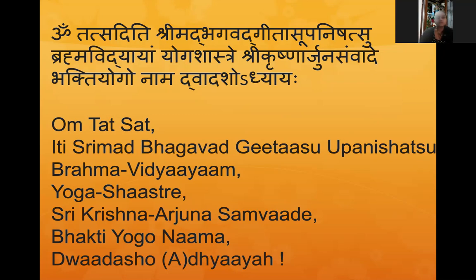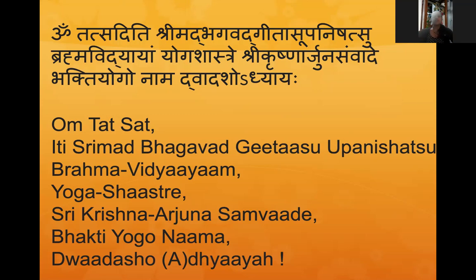Eka is 1, Dvitiya is 2, Tritiya is 3, Chaturtha is 4, Panchama is 5, Shashtha is 6, Saptama is 7, Ashtama is 8, Navama is 9, Dashama is 10, Ekadasha is 11, Dwadasha is 12. Because this is the 12th chapter, we say Dwadashodhyayah.